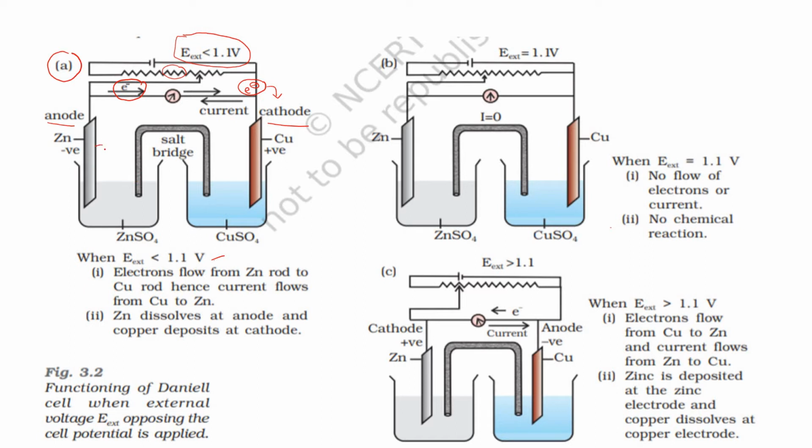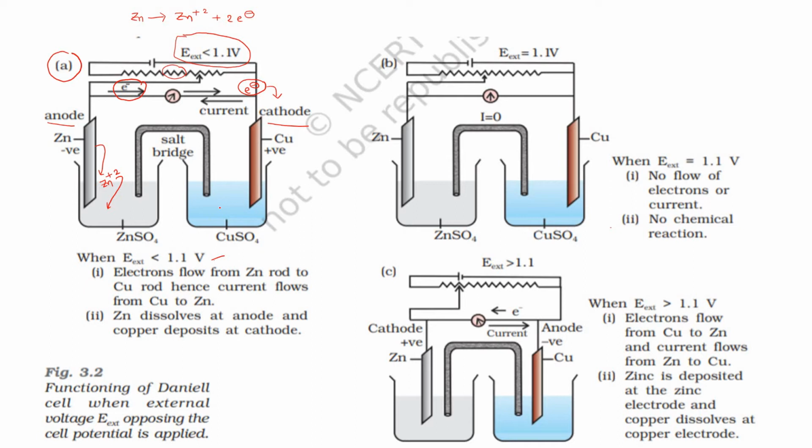This zinc will undergo oxidation, dissolving as zinc plus 2 into the zinc sulfate solution. That means this reaction is taking place: zinc undergoing oxidation, giving 2 electrons.